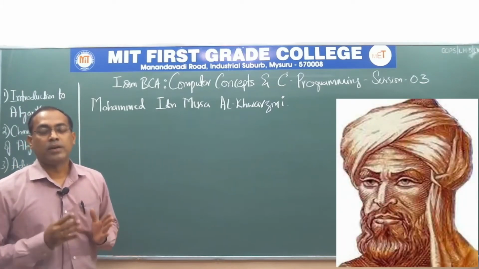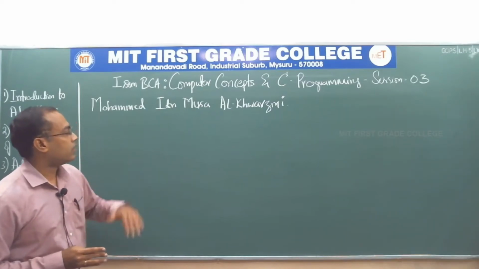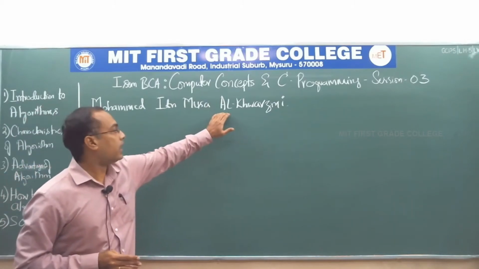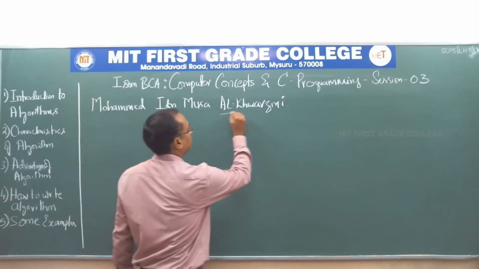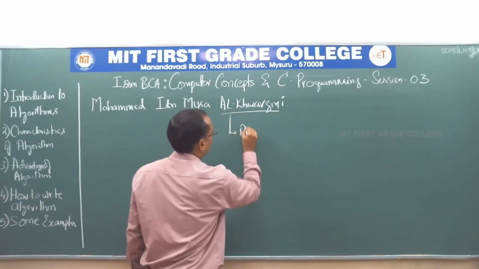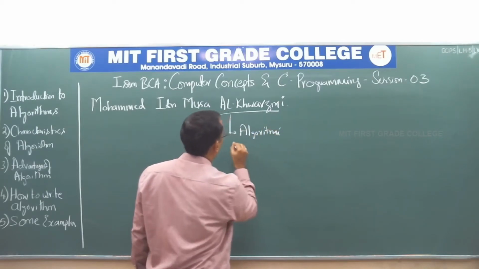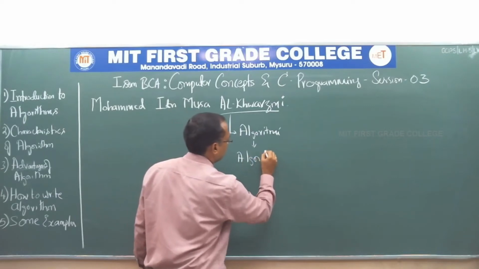He is one of the famous Persian mathematicians. So the word algorithm is derived from his last name al-Khwarizmi. Actually, al-Khwarizmi is the Latinized version, and its English version is algorithm.